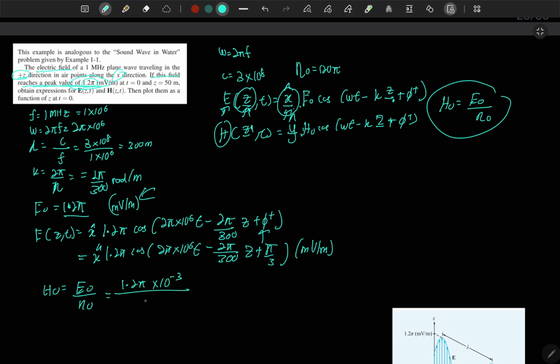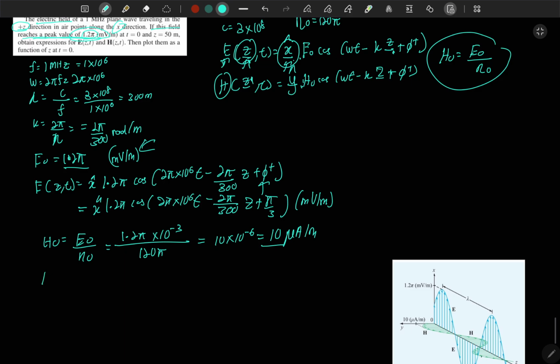So divided by 120 pi, you will be getting 10 times 10 negative 6, which is equivalent to 10 micro amperes per meter. So this is our H naught. As usual, H(z,t), and the vector was y hat, and H naught is 10. Then you write the balance as from here.